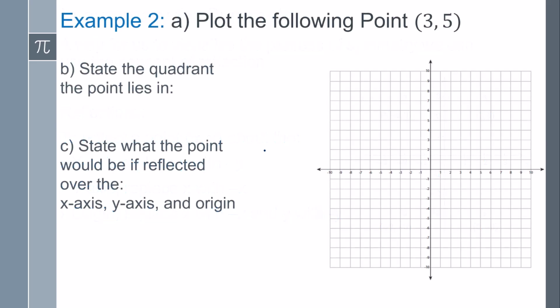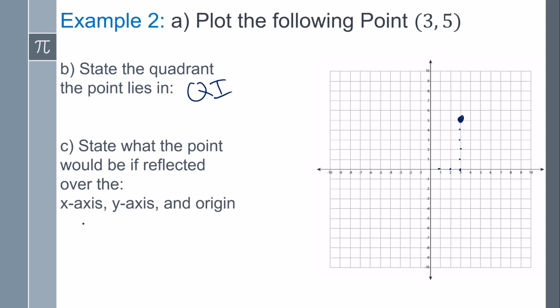So example number 2, plot the following point, (3, 5). So 3 over, and 1, 2, 3, 4, 5 up. State the quadrant that the point is in. That's going to be quadrant number 1. And then state what the point would be if reflected about the x-axis, y-axis, and the origin.